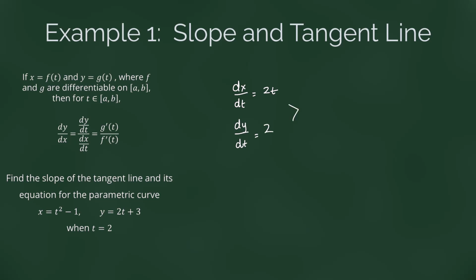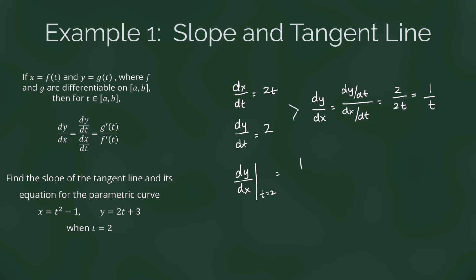If we put those together, dy dx is dy dt over dx dt, which is going to be 2 over 2t, which we can simplify to 1 over t. Then in particular, dy dx when t equals 2 is going to be 1/2. So now we have the slope of our tangent line.